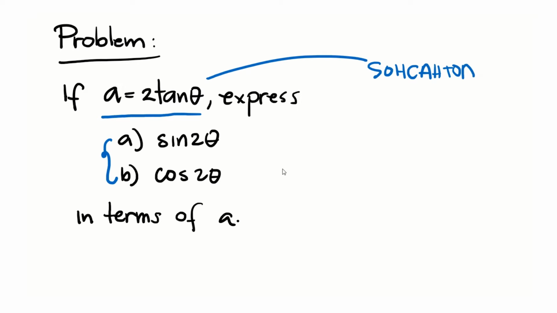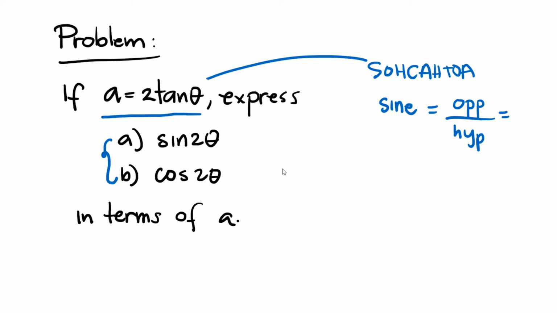And if you're answering this kind of problem, my assumption is that you already learned what SOHCAHTOA is. SOHCAHTOA sets the sine, cosine, and tangent functions in terms of their values. The SOH is: sine of an angle is equal to the opposite side of the triangle over the hypotenuse.